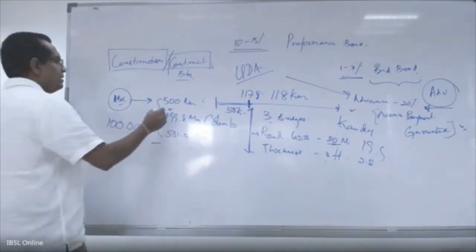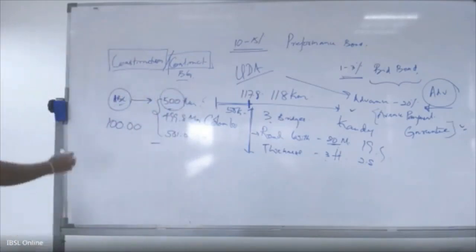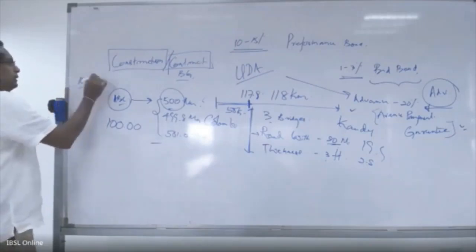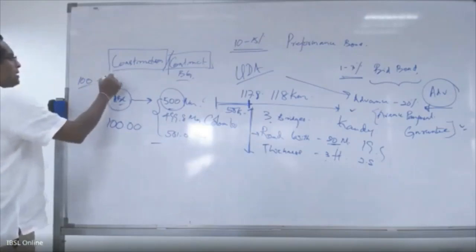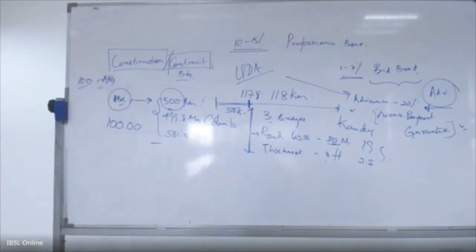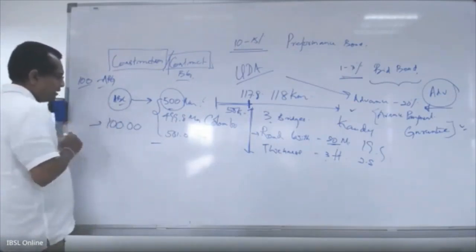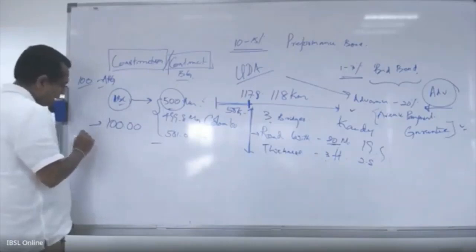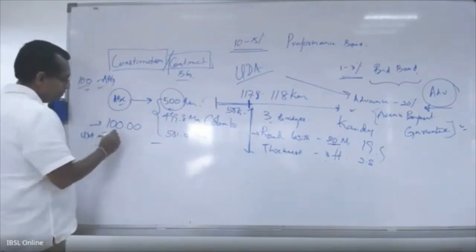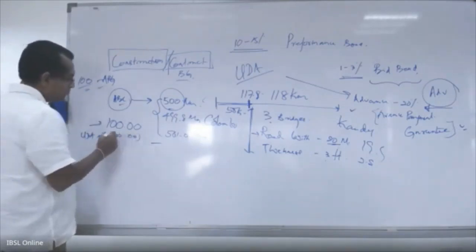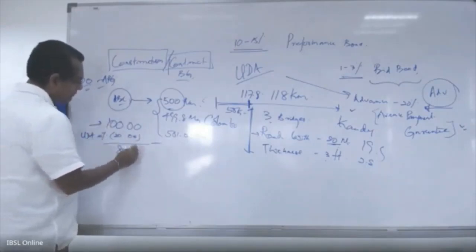If it is a 500 million project, 20% of 500 million is 100 million, so the advance payment guarantee has to be 100 million. Then when the first bill goes in, UDA will deduct 20% for the advance payment because they have given an advance. Therefore, they will deduct 20%. So it is 80 million.